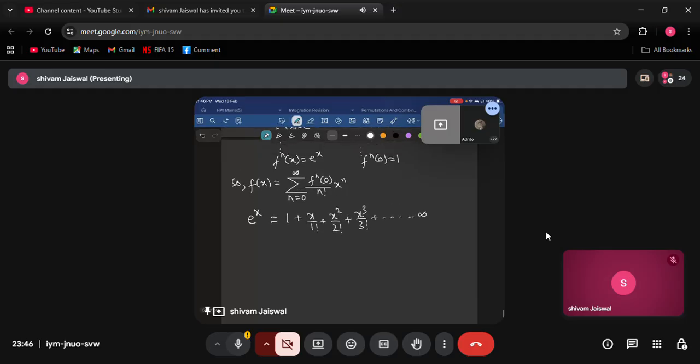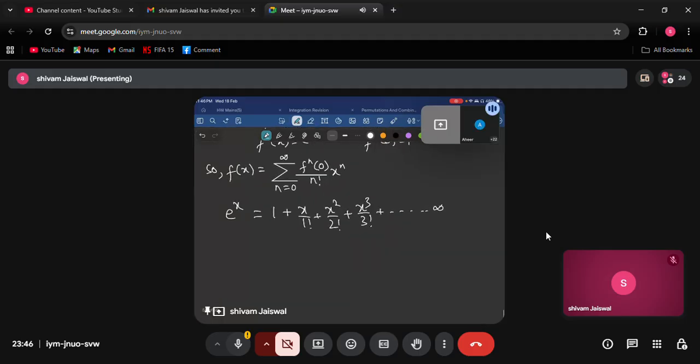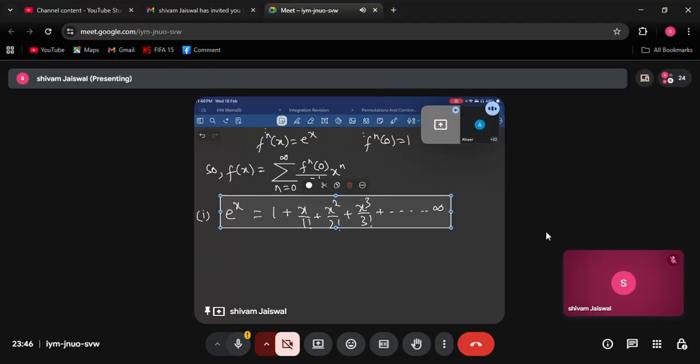So has everyone understood the expansion of e to the power x? It's important. It is required in calculus also. Remember this series so that you don't need to derive it over and over again. e to the power x is equal to 1 plus x by 1 factorial plus x square by 2 factorial plus x cube by 3 factorial plus up to infinity.